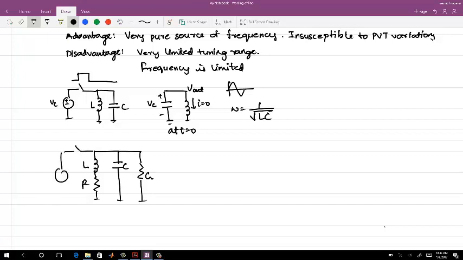So if I again do the same thing, what will be the output after t equals 0? Pardon? You may start with some oscillations, and then you will just die down. This is the real scenario.